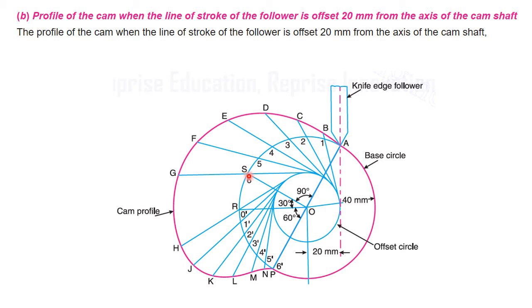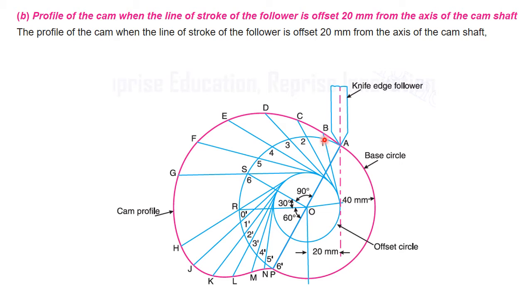From A to S is the arc for the out stroke, S to R is the arc for dwell, and R to P is the arc for the return stroke. The arc A to S, for the out stroke or rise stroke, is divided into equal parts 1, 2, 3, 4, 5, 6, and we mark those points. Similarly, we have marked the points 1', 2', 3', 4', 5'.